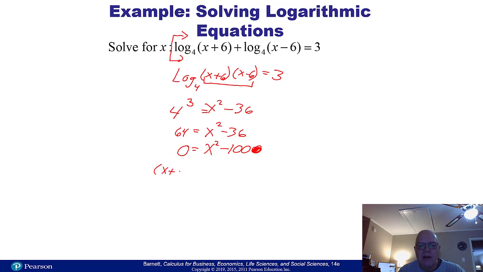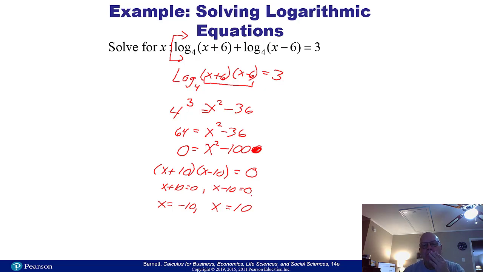Factor that because it's a difference of squares. Equals 0. So x plus 10 equals 0. And x minus 10 equals 0. So x equals negative 10. X equals positive 10. Now, I bet you think we've got 2 answers for this. Well, that might seem obvious.